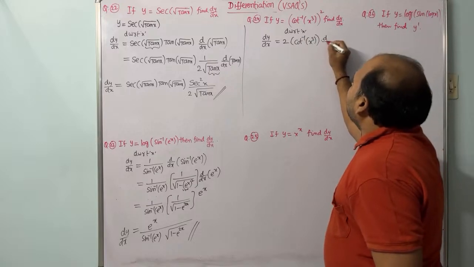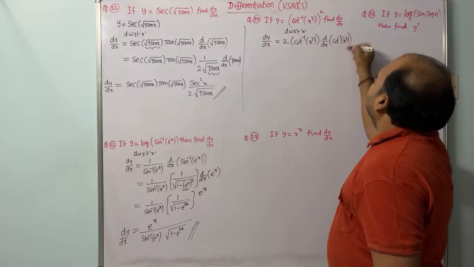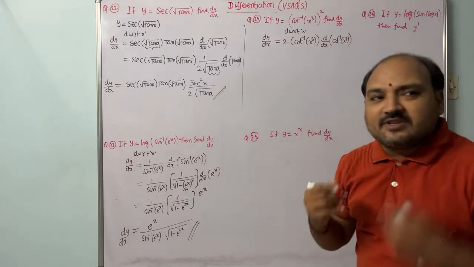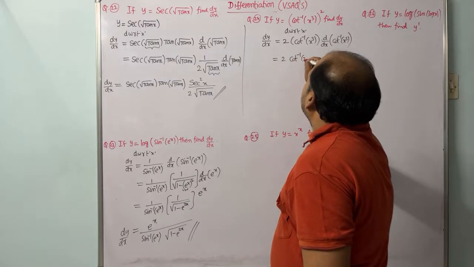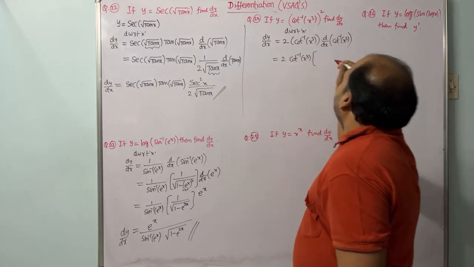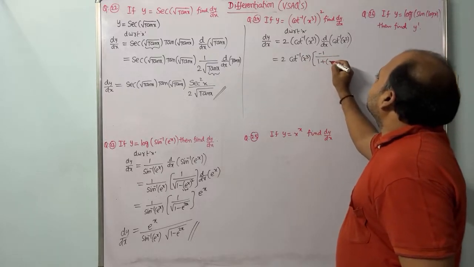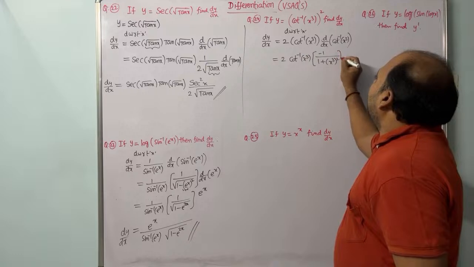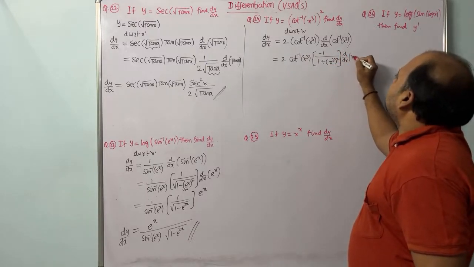Again what we have to do? dy by dx of cot inverse of x cube. It is in the form of dy by dx of cot inverse x. So it is equal to 2 into cot inverse of x cube into dy by dx of cot inverse x, which means minus 1 by 1 plus x cube whole square. Again x cube you have to differentiate: dy by dx of x cube.